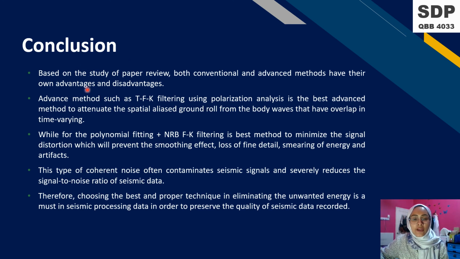Normally, conventional FK filtering is used to attenuate simple noise, and among the advanced methods, TFK filtering using polarization analysis is the best to attenuate spatially aliased ground roll for body waves that overlap in time-varying conditions, while polynomial fitting plus NRBFK filtering is the best method to minimize signal distortion, which will prevent the smoothing effect, loss of fine details, mirroring of energy, and artifacts. This type of coherent noise often contaminates seismic signal and severely reduces the signal-to-noise ratio of the seismic data.